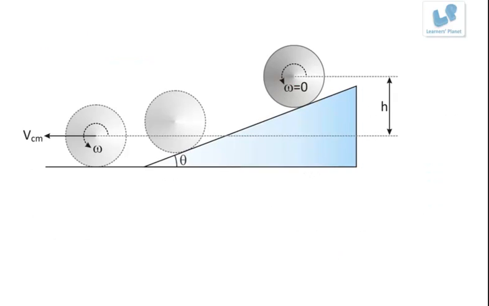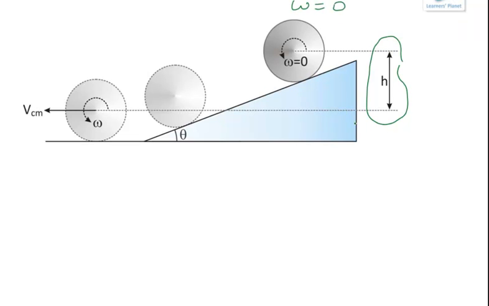Now let us say we have the cylinder initially here and the omega was 0 because it started from rest and kept rolling and came down towards the level ground, and by that time it has got its angular speed as omega. Now the difference in the position of the center of mass in terms of height is h.